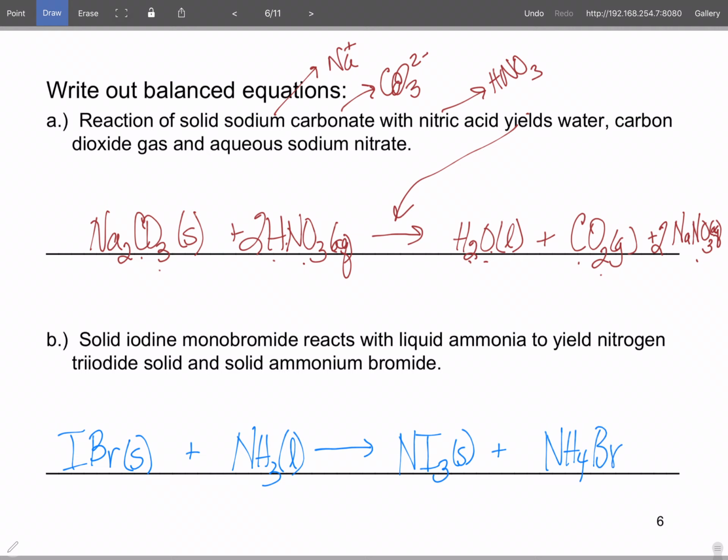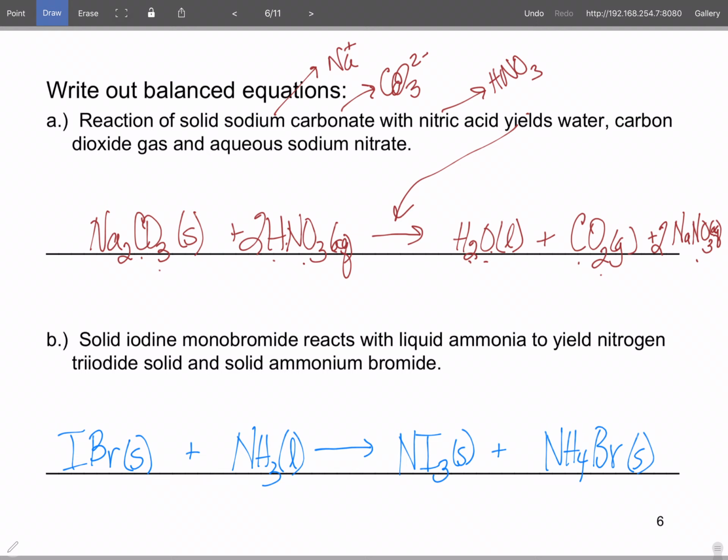And since ammonium and bromide are 1 plus and 1 minus respectively, it's 1 to 1. And that was solid. So solid iodide monobromide reacts with liquid ammonia to yield solid nitrogen triiodide and solid ammonium bromide. So I've got my species.